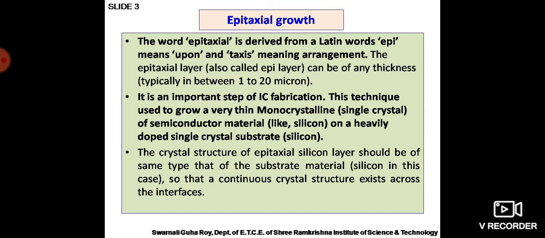In this case we will discuss everything for silicon only. It is grown on silicon, that is, on a semiconductor material which is very heavily doped. The substrate that we have taken is of higher doping than that of the epitaxial layer.